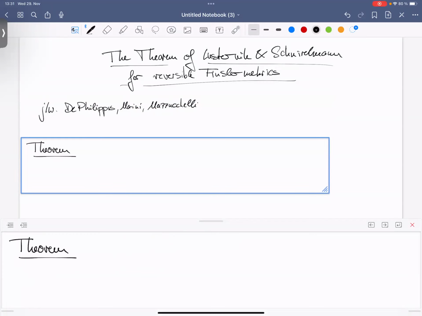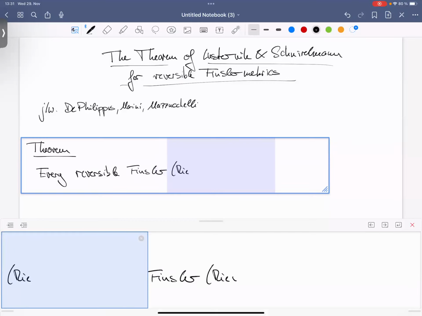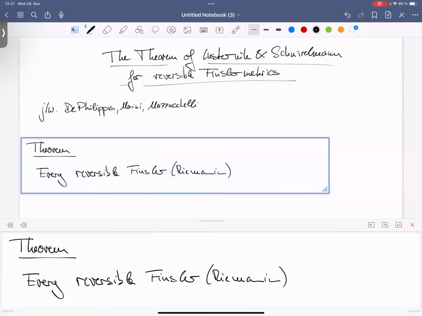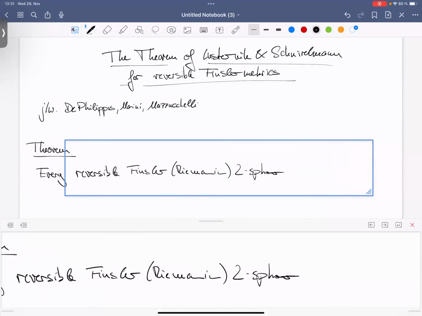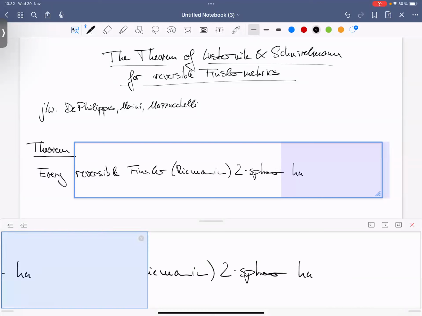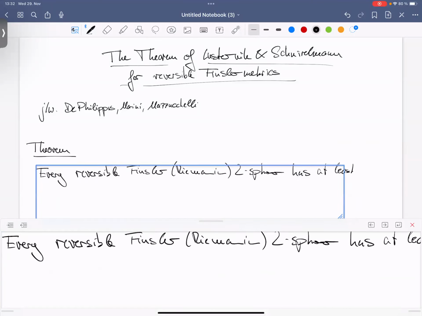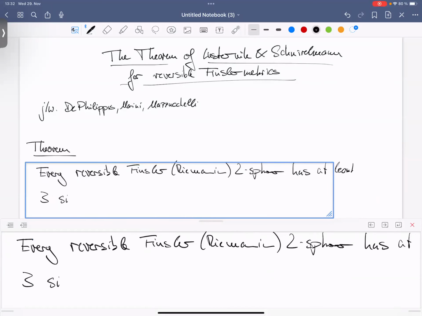It says that every reversible Finsler metric, you can for the moment also say Riemannian, because that's the classical form, on a two-sphere admits at least three simple closed geodesics.